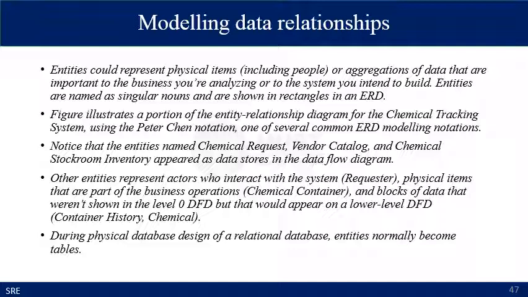Other entities represent actors who interact with the system, for example requesters, or physical items that are part of the physical operations, such as chemical containers, and blocks of data that were not shown in the DFD level 0 but would appear in the low level DFD, for example container history or chemical. During the physical database design of a relational database, entities are normally transformed into tables.